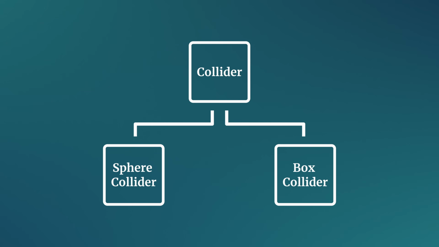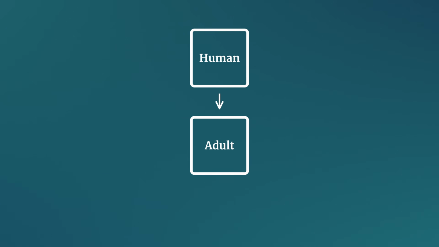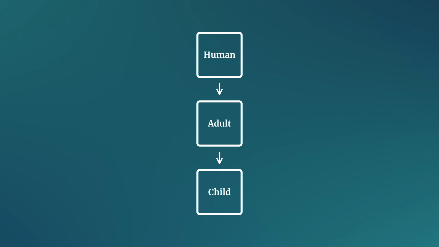So what does a violation of the principle look like, and why is it a problem? A violation of the principle is realistically going to be a relationship that seems hierarchical but isn't, at least not in the sense that a derived class can be used in place of its parent. For example, let's say that you have a human class, then an adult class, and then a child class. This may appear hierarchical, but in the context of inheritance, it's not.